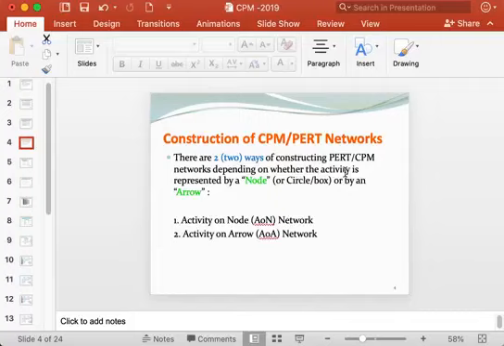The two different ways are based on whether a node is used to represent an activity, or whether an arrow is used to represent an activity.